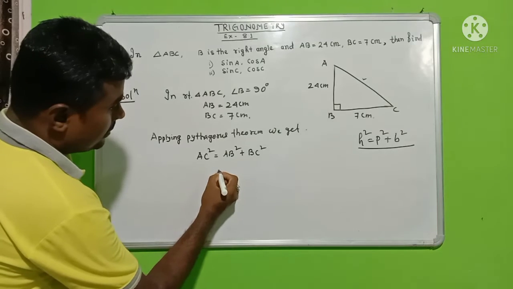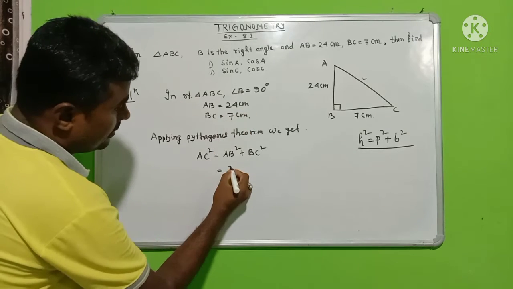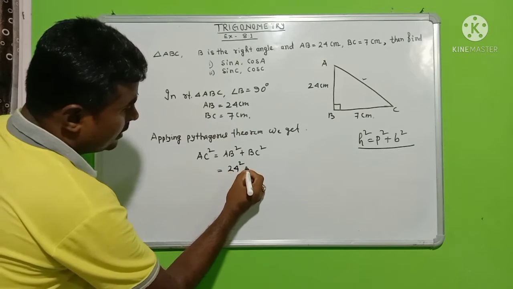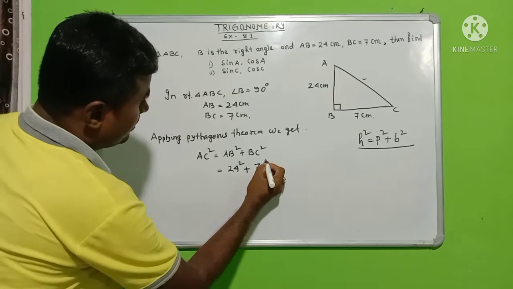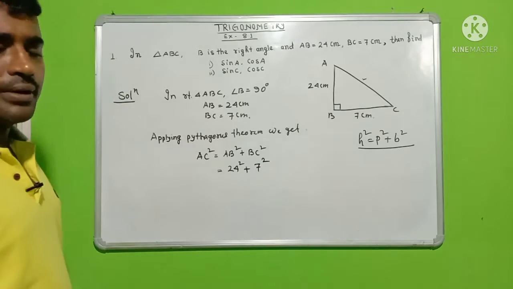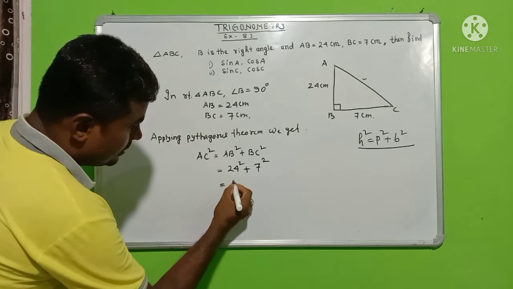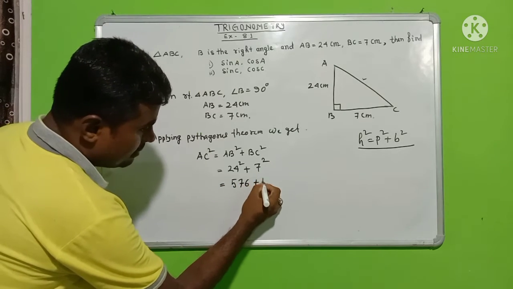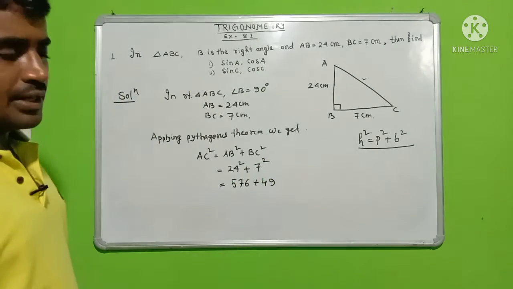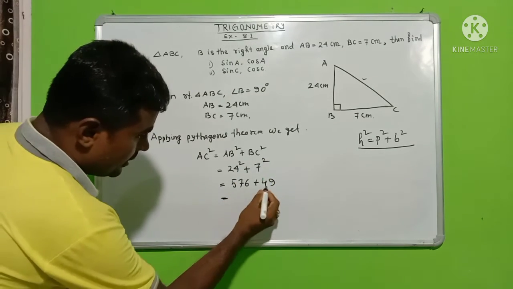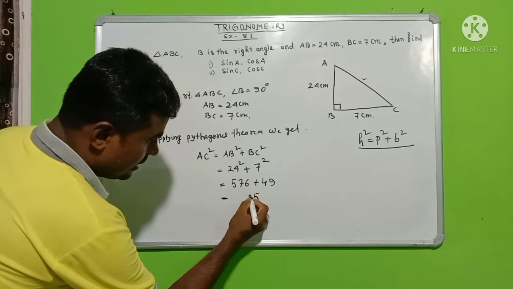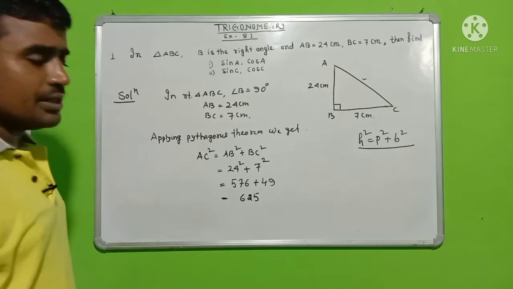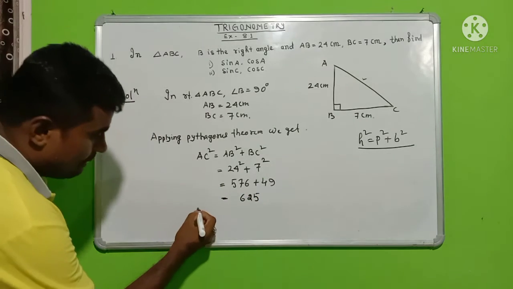Now putting the values, AB value is 24 square and BC value is 7 square. 24 square is 576 and 7 square is 49. Then we get 625.